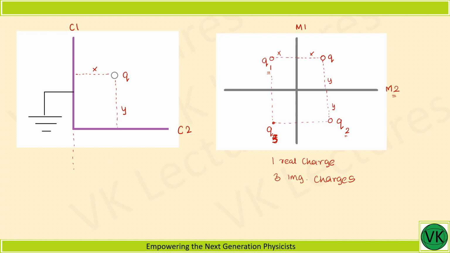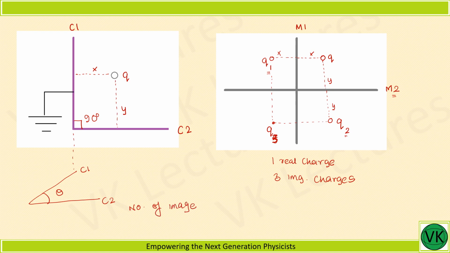You have to note that this angle between the two conductors is 90 degree, and for two conductors placed in this way, so this is C1, this is C2, at some angle, let's say theta, then the number of images it can be formed.